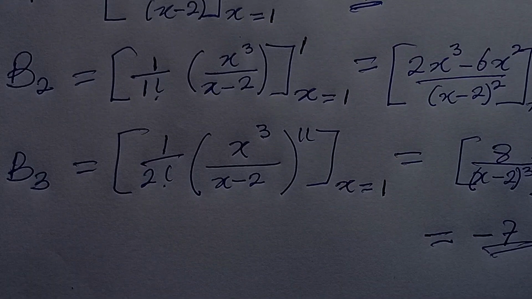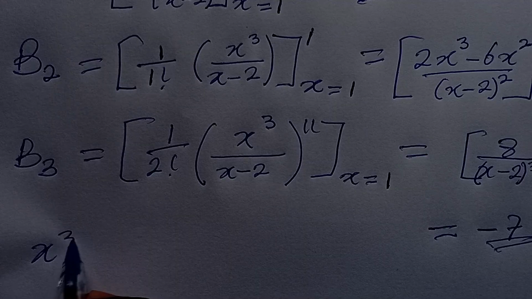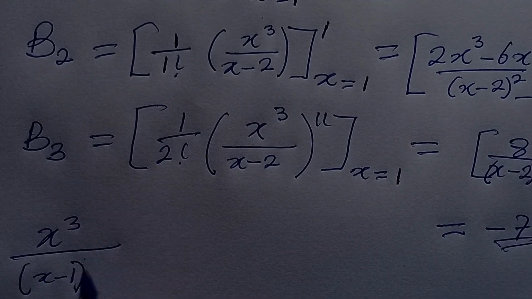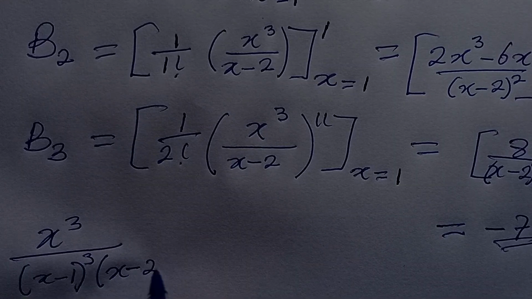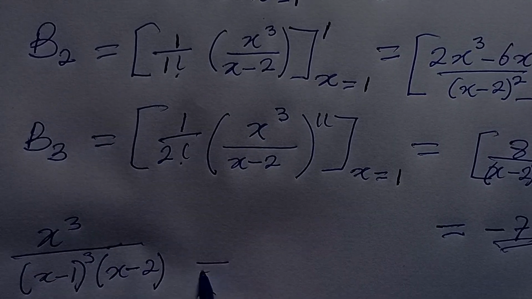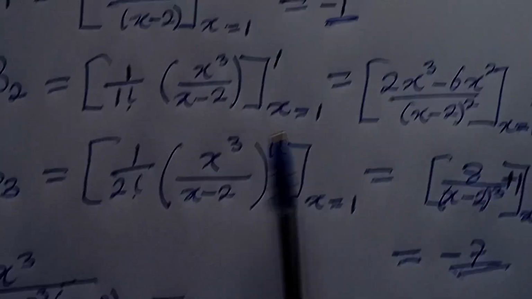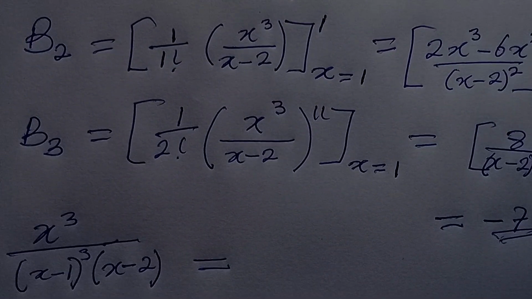So we can now write the original equation, which is x to the power of 3 all over bracket x minus 1 all raised to the power of 3, bracket x minus 2 close bracket. This is equal to, we want to put the values 8, minus 1, minus 4 and minus 7 into their respective positions.